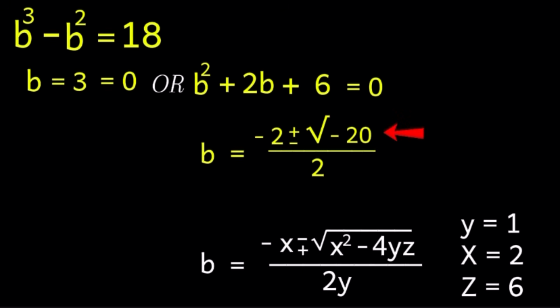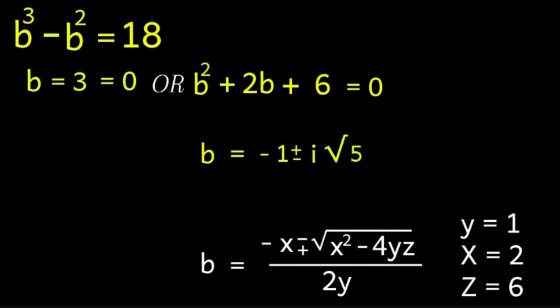The square root of negative 20 can be written as square root of 20 times i, which simplifies as 2i square root of 5. Therefore, b equals negative 2 plus or minus 2i square root of 5, divided by 2. Simplifying further, we divide both the real and imaginary parts by 2, giving b equals negative 1 plus or minus i square root of 5.